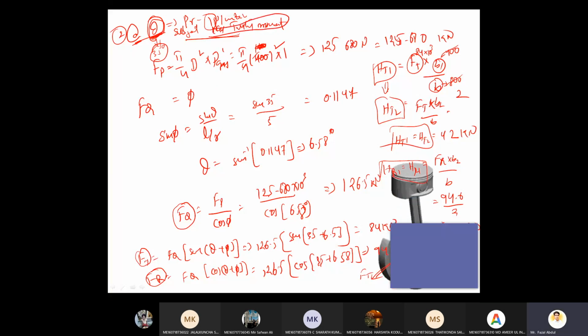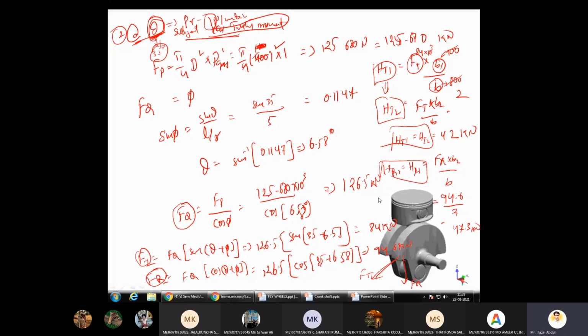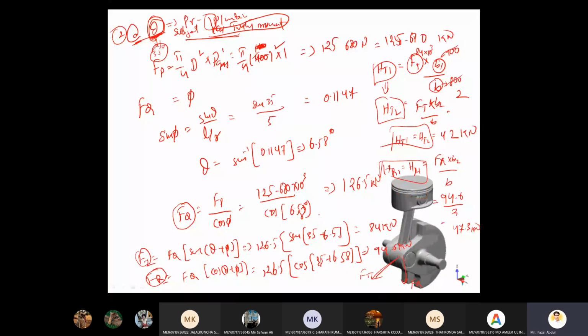Now see here, already we calculated the tangential force and radial force. What is the cause of generating this tangential force and radial force? It is because of the FQ force acting on the crankshaft.